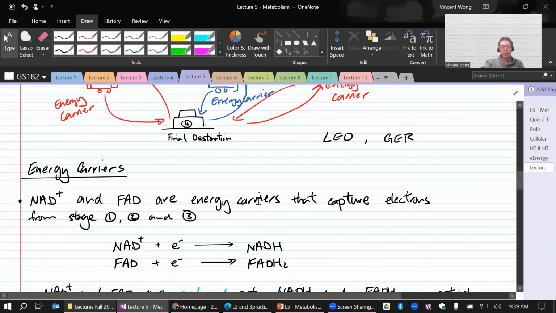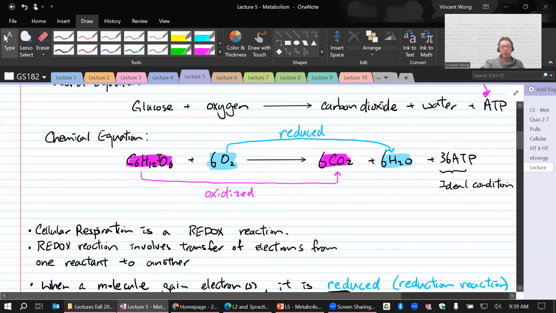Let's go back and take a look. In our overall equation, glucose, C6H12O6, will be oxidized into carbon dioxide, 6 of them. So all the carbon atoms in glucose will ultimately end up in carbon dioxide. That's what I was asking.